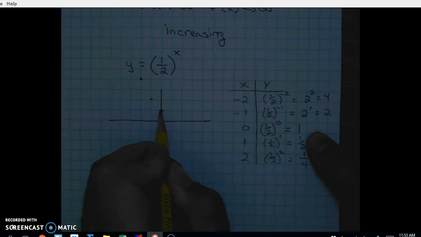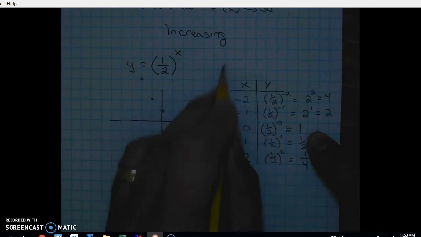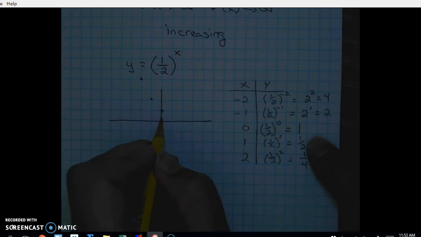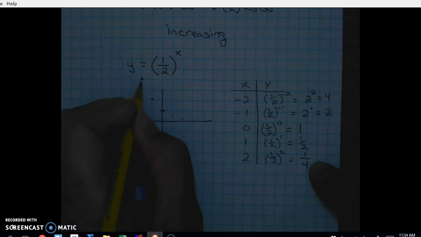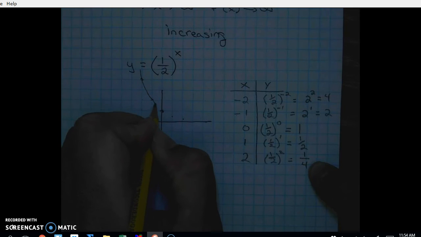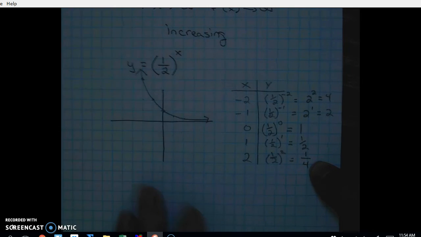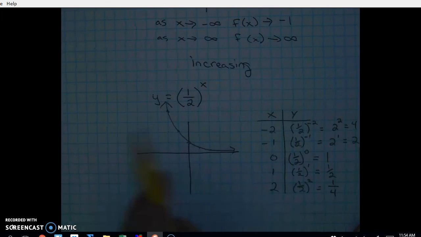Notice it goes through 0, 1 because this is a parent function. It has no parameter changes. Okay, as a base of 1/2. So here is an example of a decreasing function. Now notice, what makes this a decreasing function?